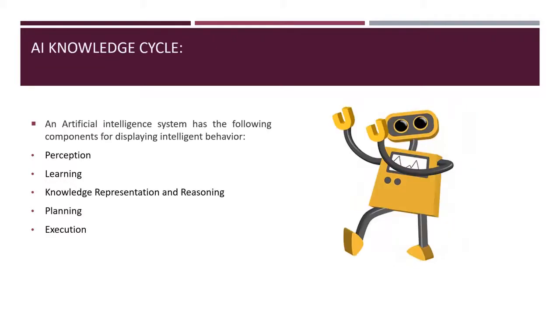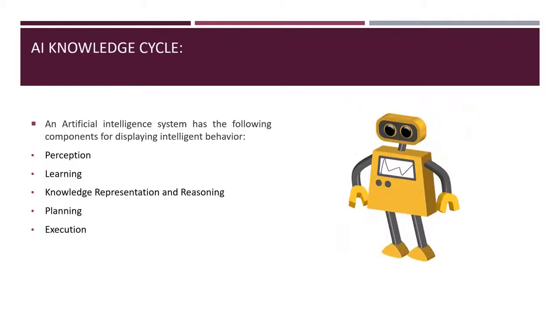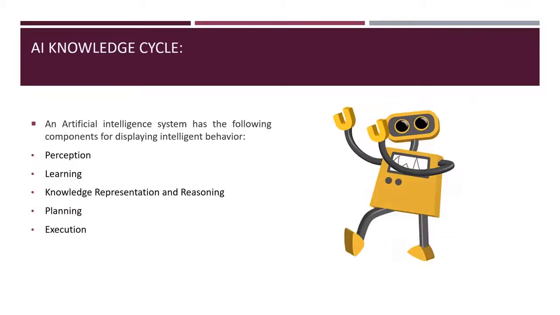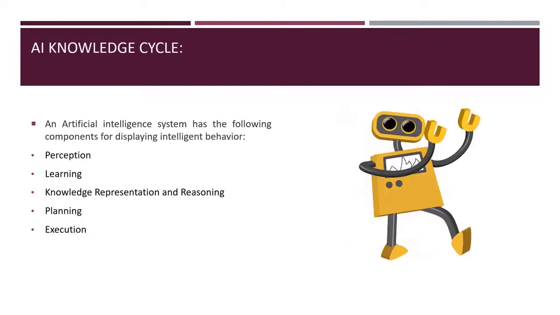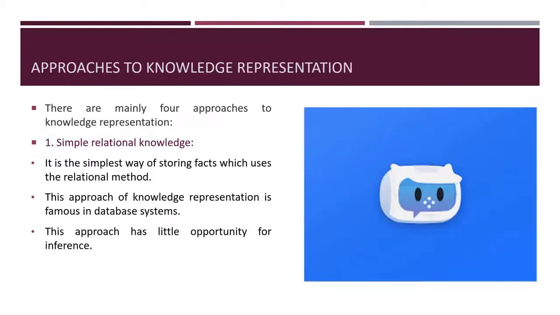Here, the artificial intelligence system can interact with the real world, and these components help it behave intelligently. The environment provides visual and audible data as sensor inputs. The learning component is responsible for learning from these perceptions.